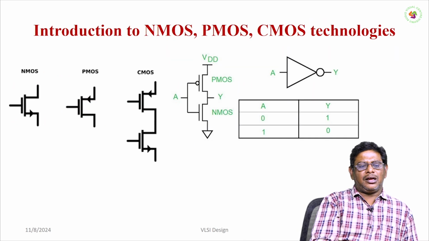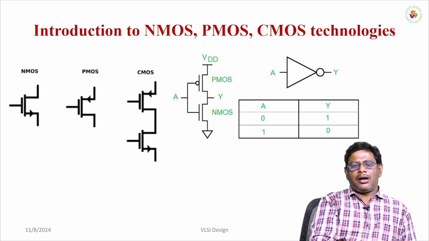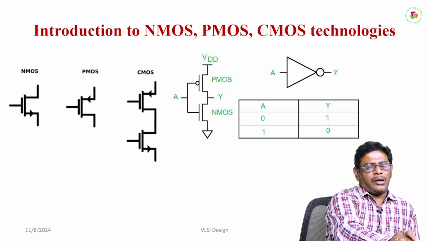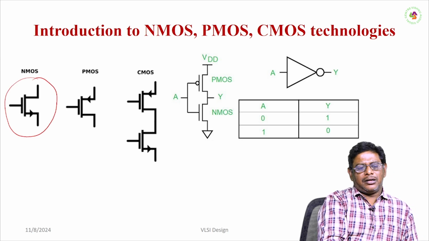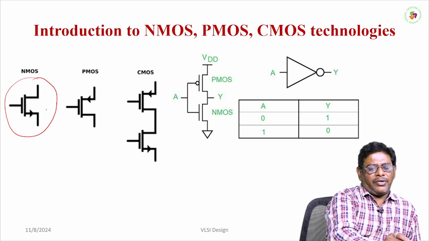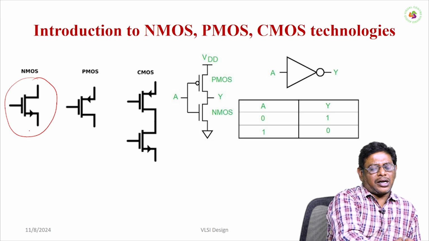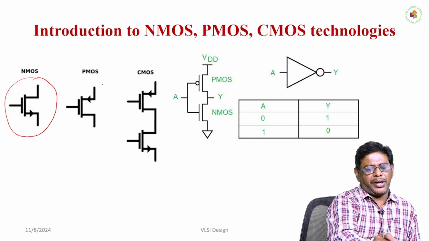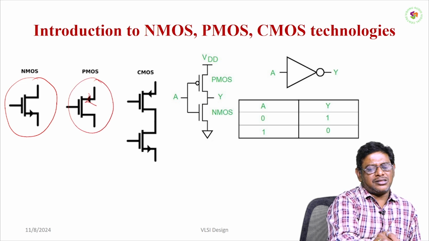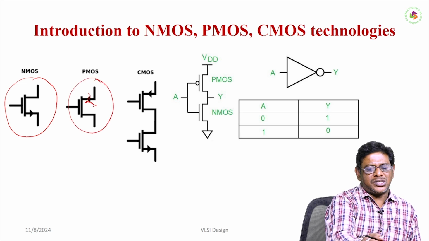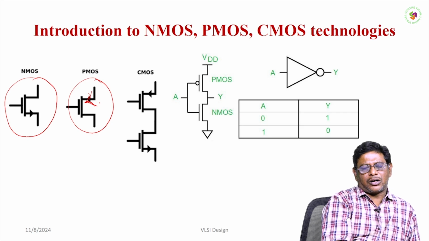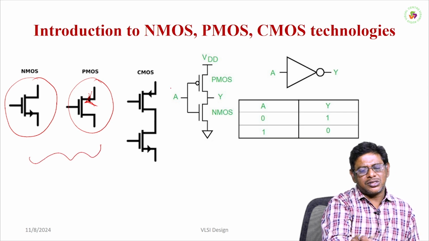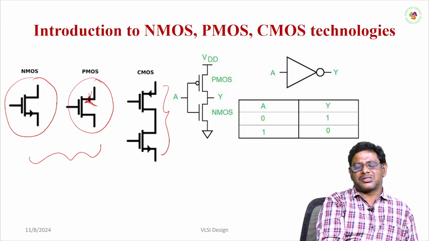So here we can see the NMOS as well as PMOS structure, and we can observe how it is acting. In the NMOS design, the arrow mark indicates the movement of electrons which is moving outside, whereas a PMOS is accepting the number of electron holes which is inside. So a combination of PMOS and NMOS, we can treat as a CMOS.